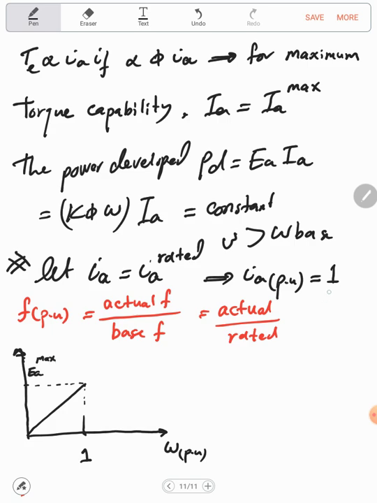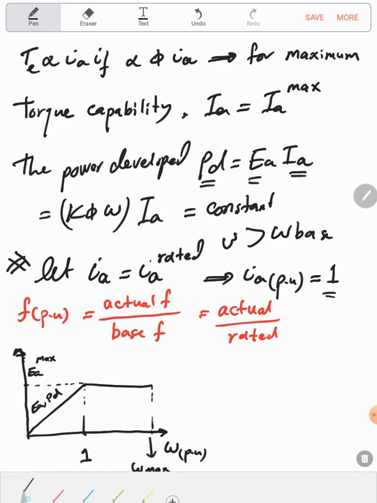And because we are using 1 per unit, the power developed and EA will be the same, because this one is 1 per unit, so the power in per unit and the back EMF in per unit are the same. So this is the plot of EA and the power developed. After that, it will be constant until we reach omega max. This will be omega max, and this one depends on the mechanical structure and the mechanical design, how much vibration the shaft can handle.